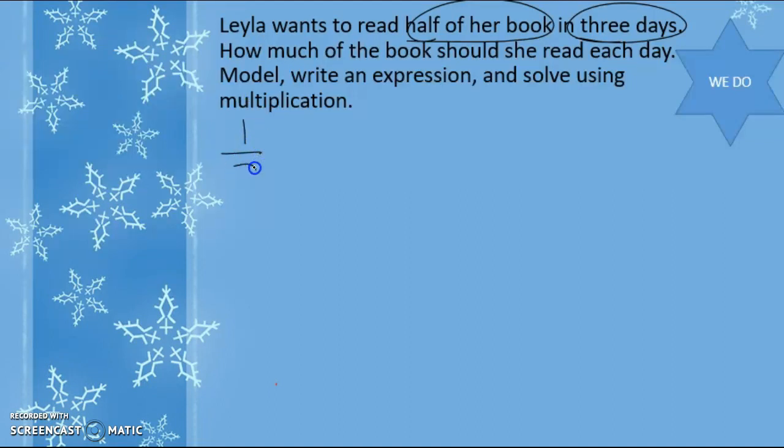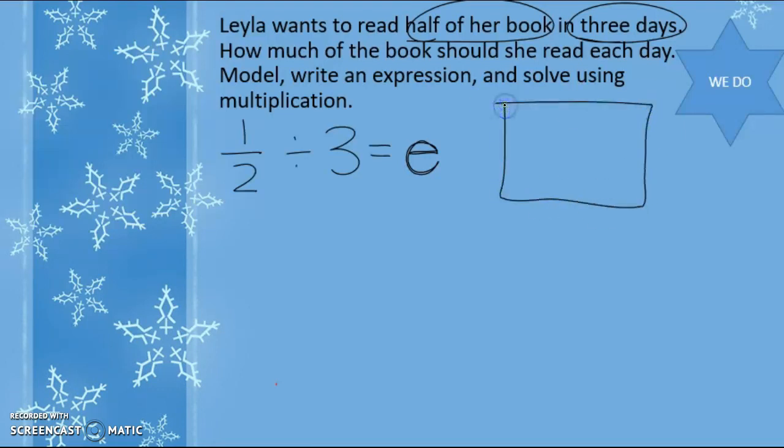So she wants to read half of a book in 3 days. And we want to know how much should she read each day. So we're dividing her half of the book into 3 different days. So how do we model that? Here is, split the whole book in half.